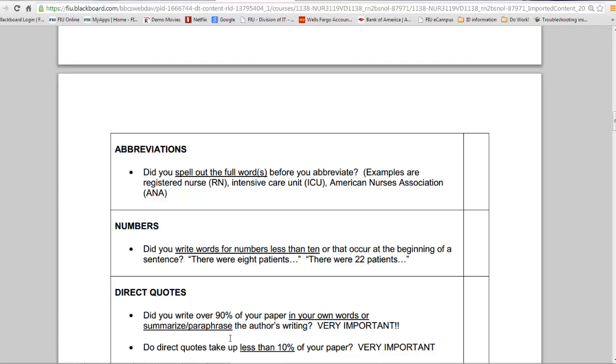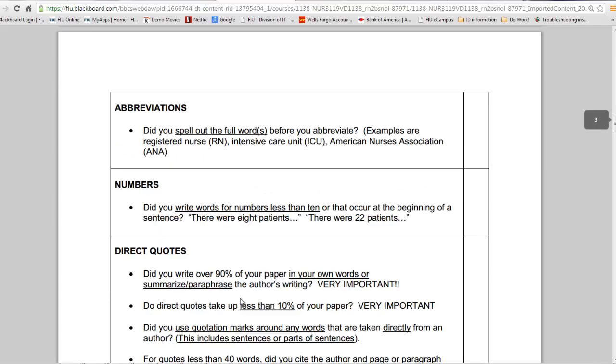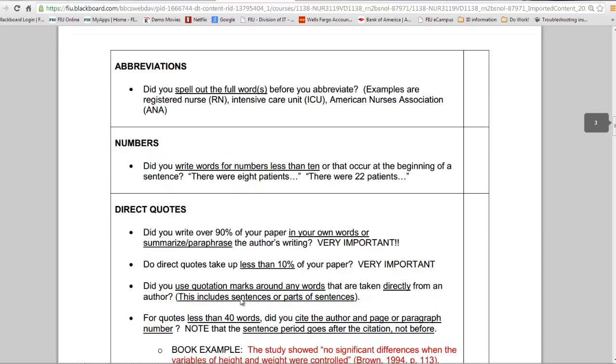Abbreviation: this is also fully discussed in the APA manual, pages 106 to 111. The first time you are going to write an agency or a title like a registered nurse, spell out the words first before you abbreviate.